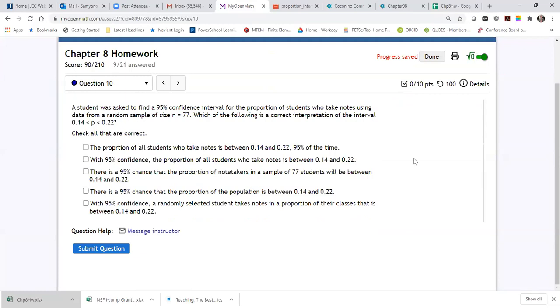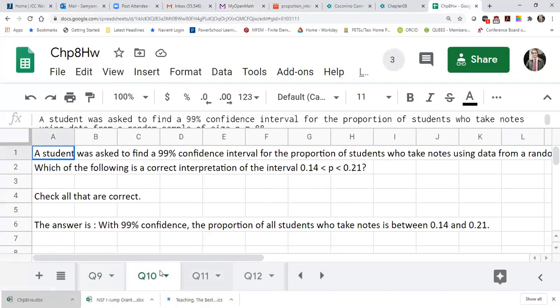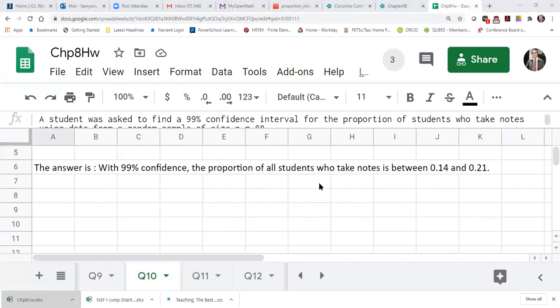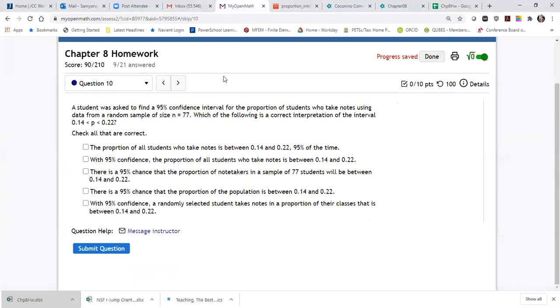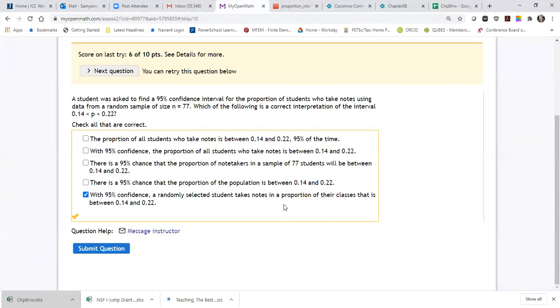Okay, let me see what I have in the Excel. So the answer is, with 99% confidence, the proportion of all students who take notes is between this interval. So the answer will be the last one here.